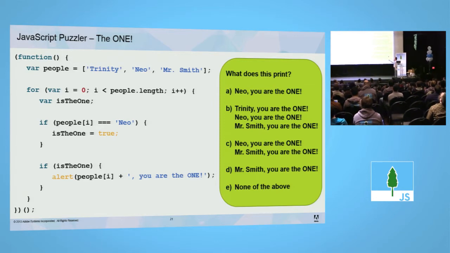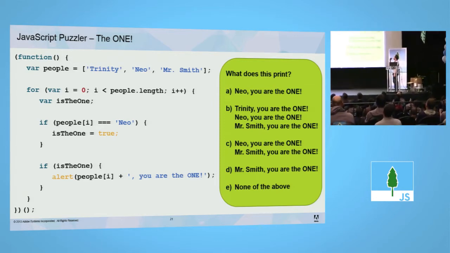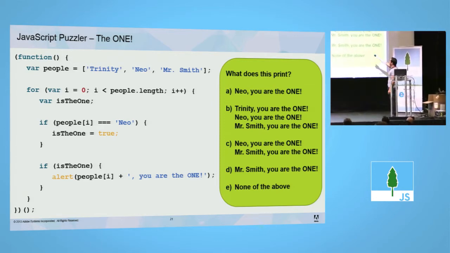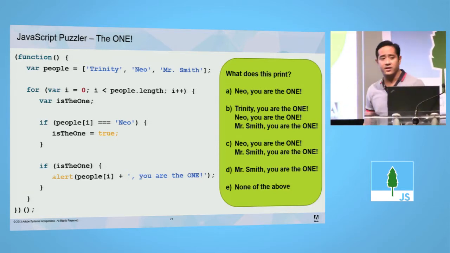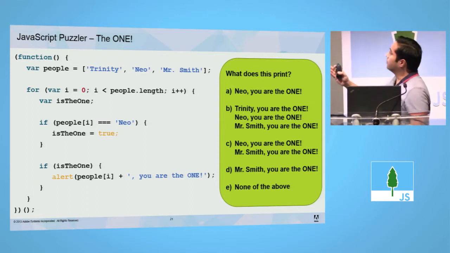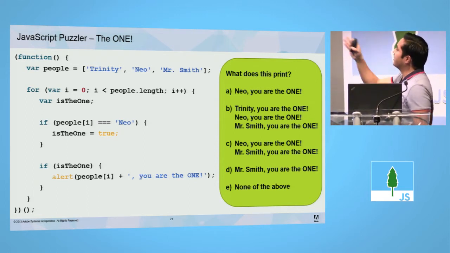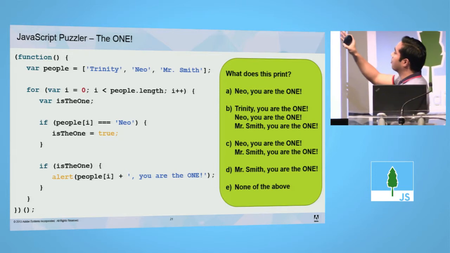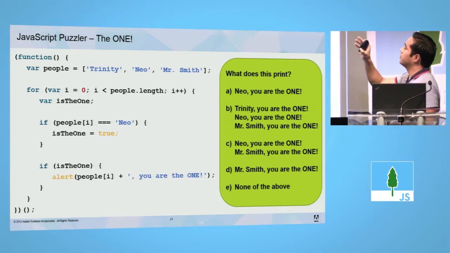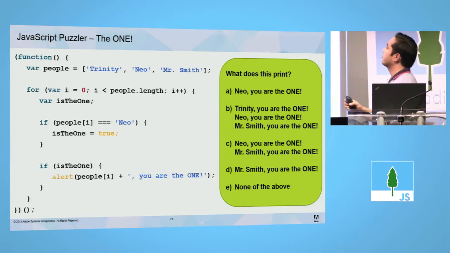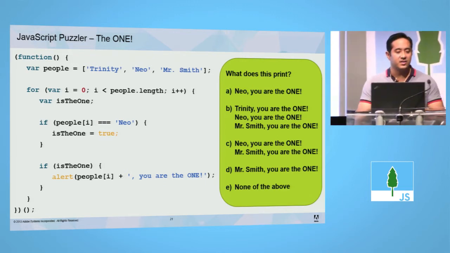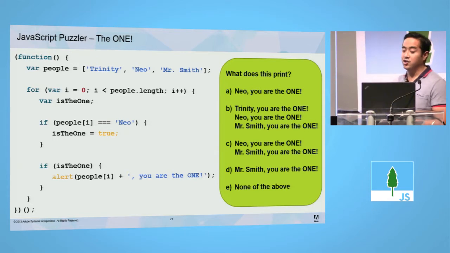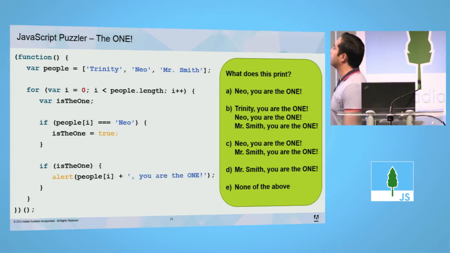Okay, so we have a self-invoking function here. Another variable, people, with 3 strings: Trinity, Neo, and Mr. Smith. We have a for loop, and it's going to iterate through this array, and for each value in the array, first it declares a variable is the one, and since it's not initialized, it should first start out as undefined.